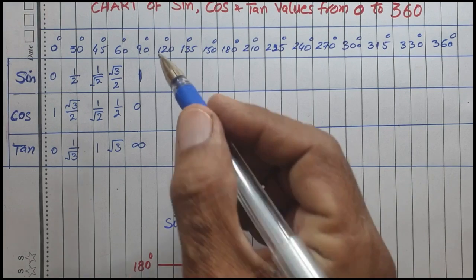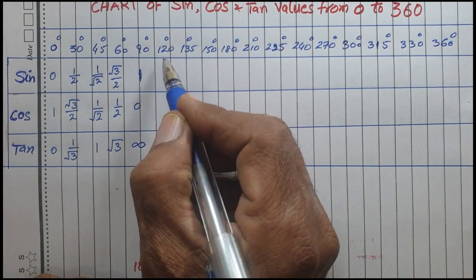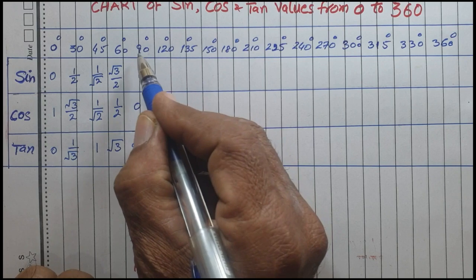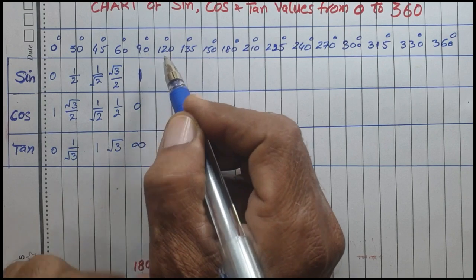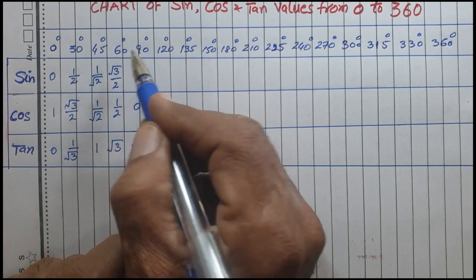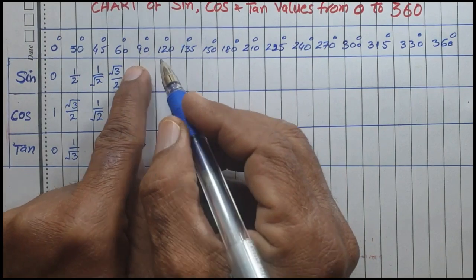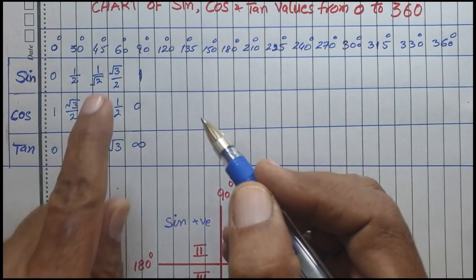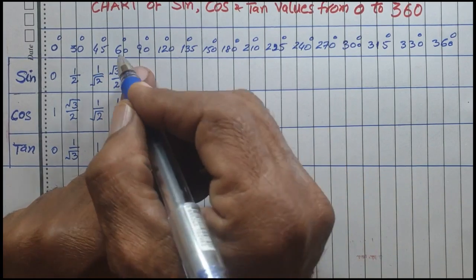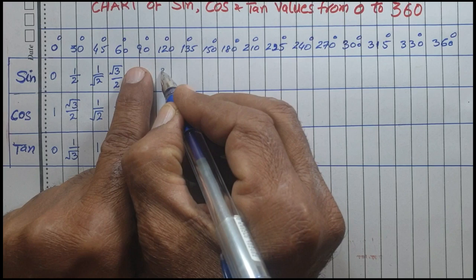How? For 120, as you reach from 90 to 120, the difference is 30 degrees. So 1, here under root 3 by 2. Keep the finger here. It is under root 3 by 2.